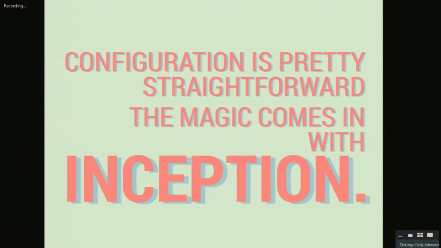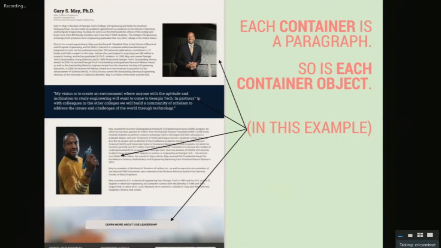And of course, configuration is pretty straightforward, and with paragraphs you can build in some inception like I was talking about, where you can bundle them into a container and content area. As an example, I have this random page for the dean of my college, and each container within this is a paragraph.